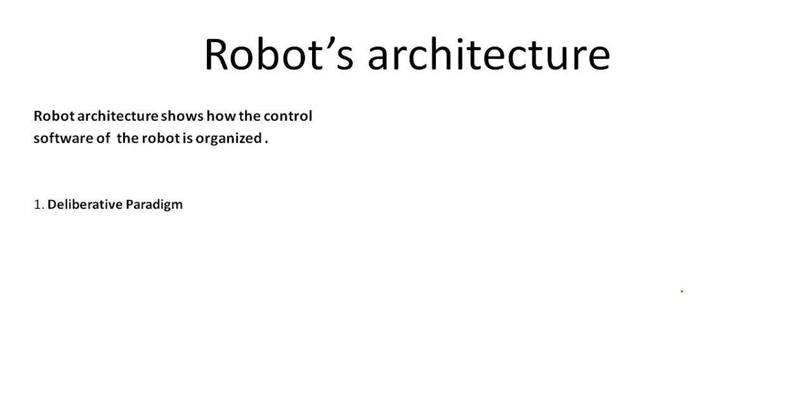The first is the deliberative paradigm. In the deliberative paradigm, the robot architecture consists of sensing, then planning, and then action. So it means that the robot gets information from the sensors, and then it does some kind of planning from this information, and then it performs actions.